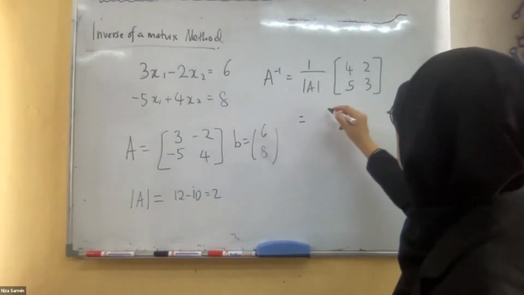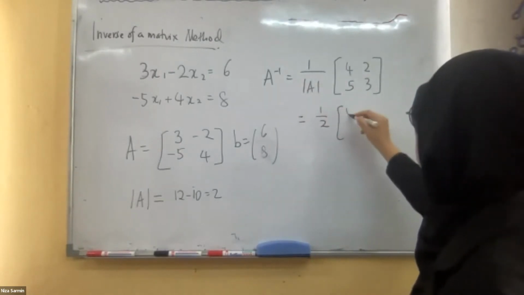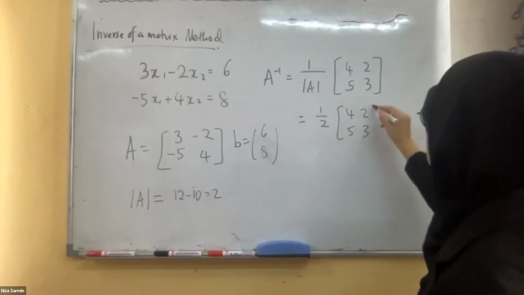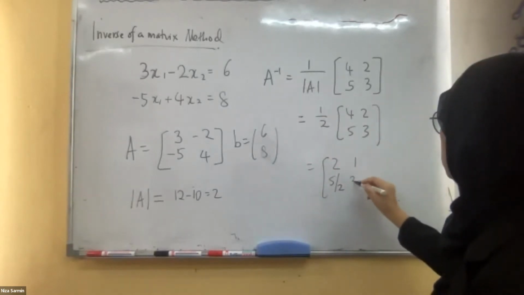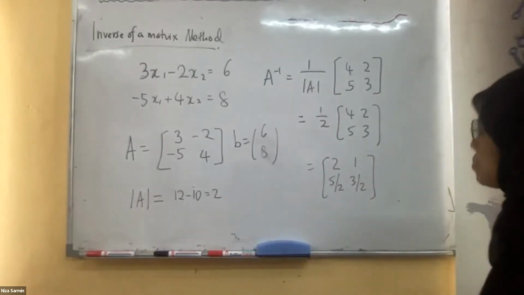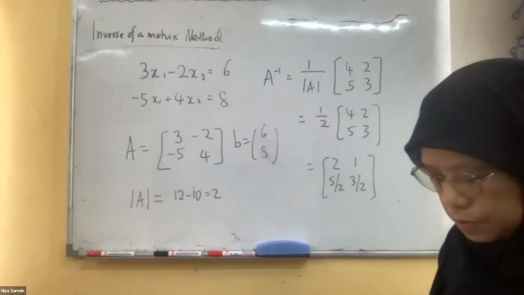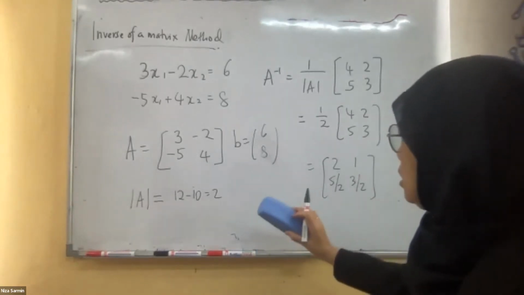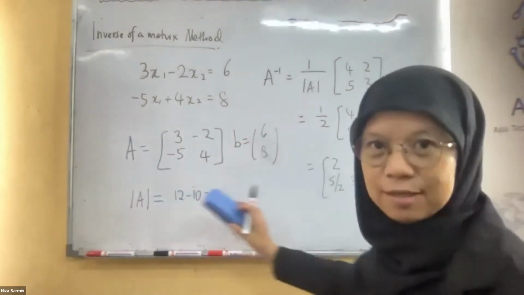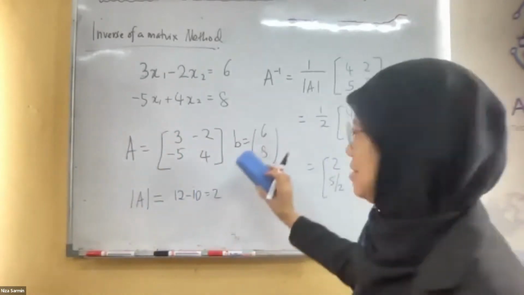So, 1 over 2, which is equal to 2, 1, 5 over 2, 3 over 2. Okay, so I erase this one.